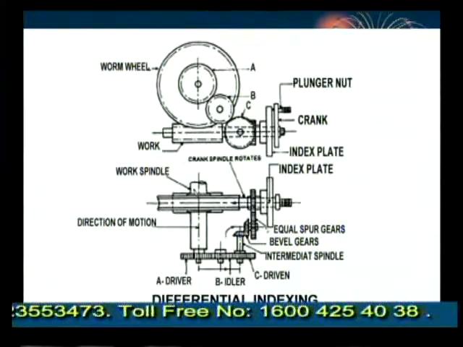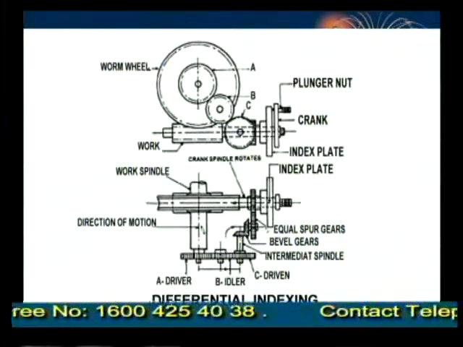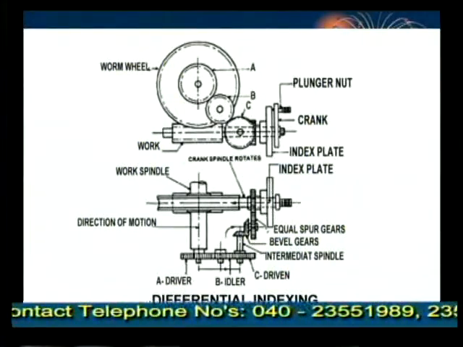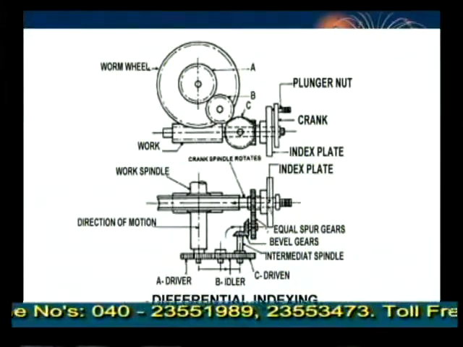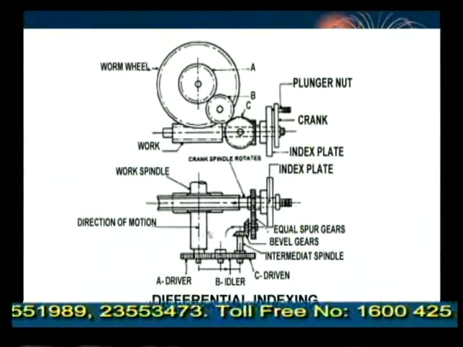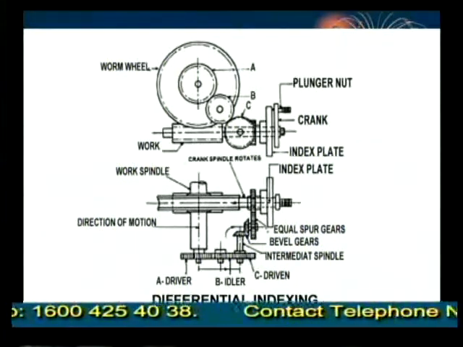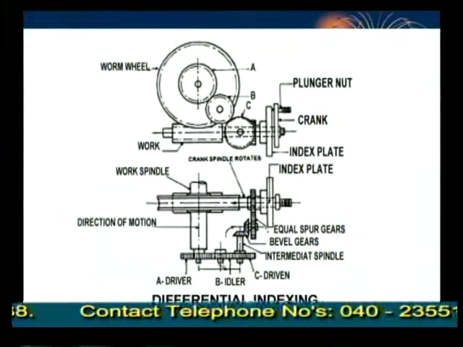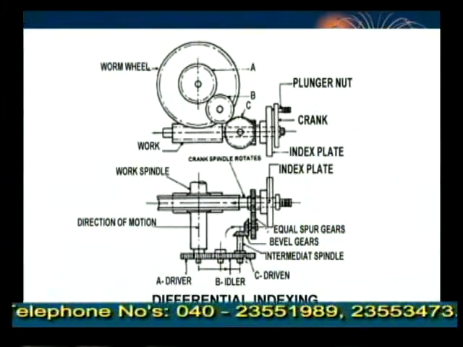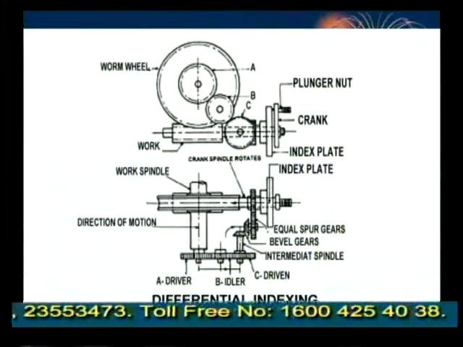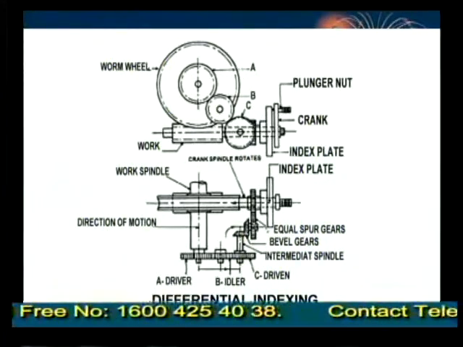This is the spindle head and you have the index plate here. The index plate and the spindle are connected with a number of gears. The driver A, B, an idler C, a driven, and again you have a bevel gear set and spur gears.